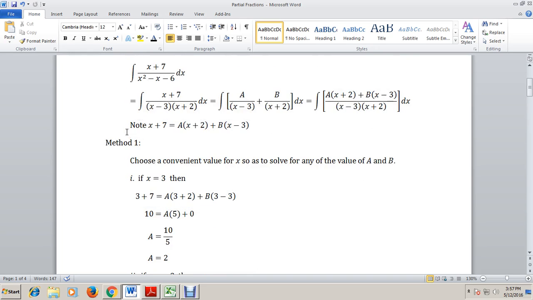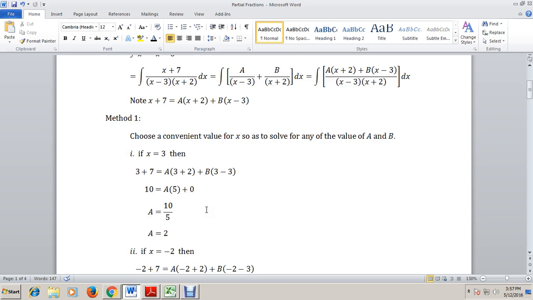Taking a look at our given expression, x plus 7 is equal to A times x plus 2 plus B times x minus 3. Essentially what we want to do is eliminate one of the unknowns and solve for the other unknown.